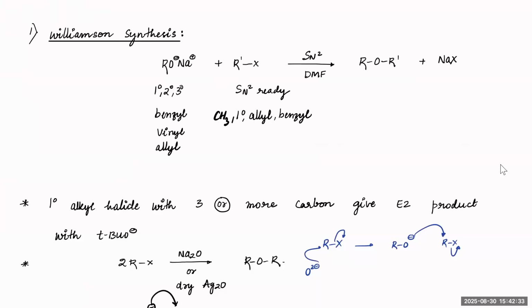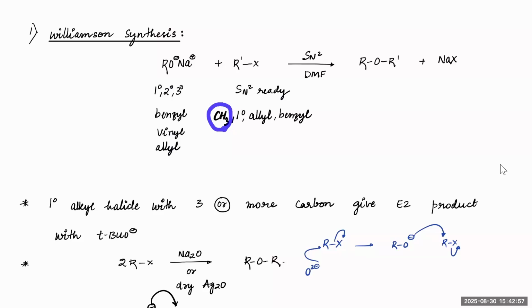Now, all these reactions we have read as the chemical reactions of alcohols. So you can see if you have an alkoxide, sodium alkoxide, it could be a 1 degree, 2 degree, 3 degree, benzyl, vinyl, allyl, any form of alkoxide. But this side it should react with alkyl halide, which is SN2 ready.